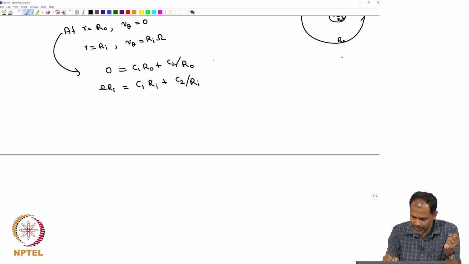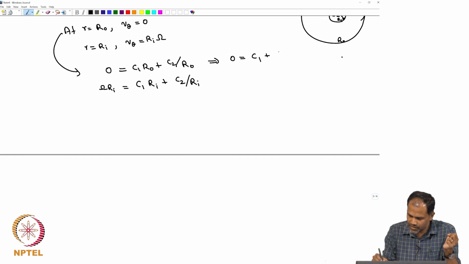So, we can rewrite this as 0 equal to C1 plus C2 by Ro square, and omega equal to C1 plus C2 by Ri square.